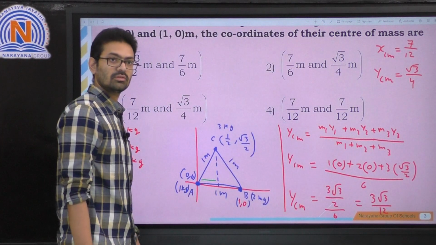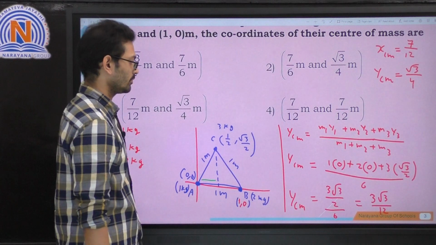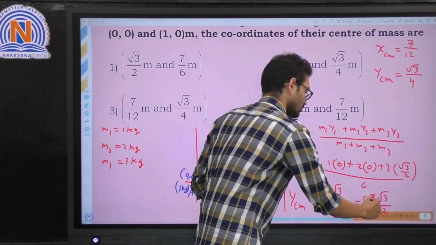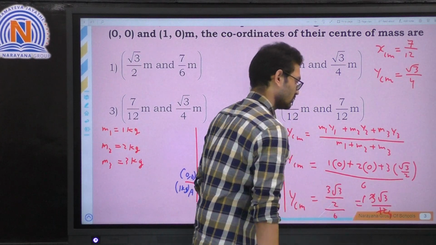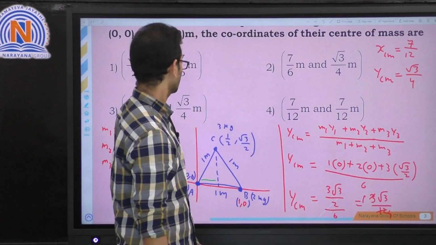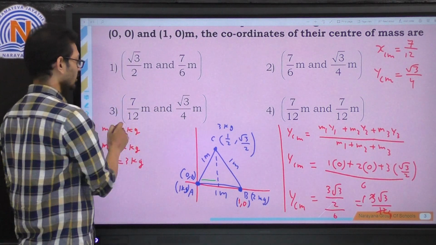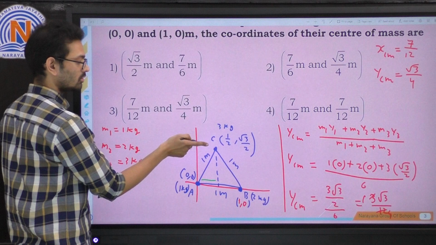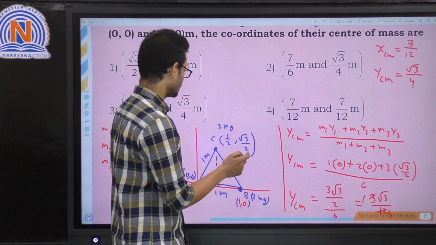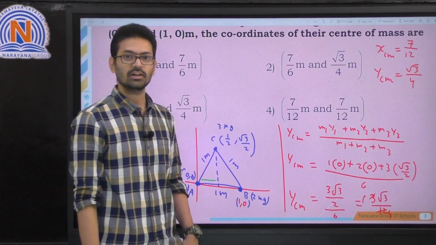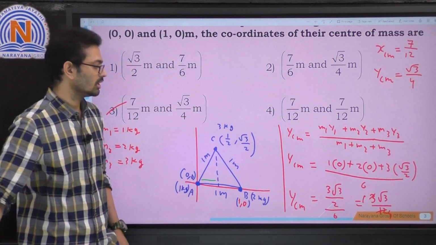So 3 ones are 3, 3 fours are 12, root 3 by 4. I was checking that option. Okay, 7 by 12. So your option is 3, right? Okay, fine. I just didn't find that option.